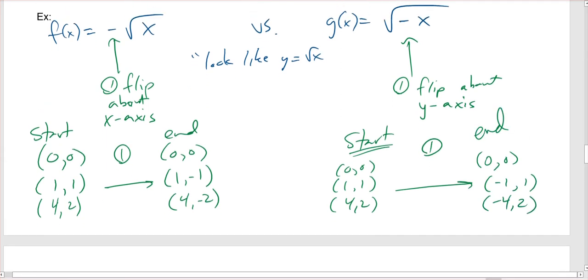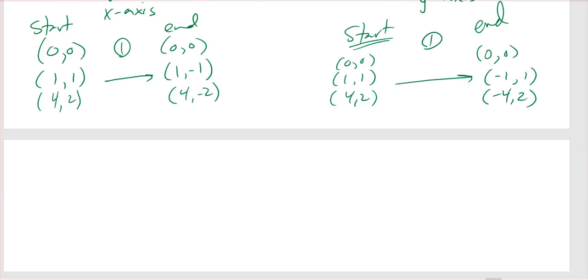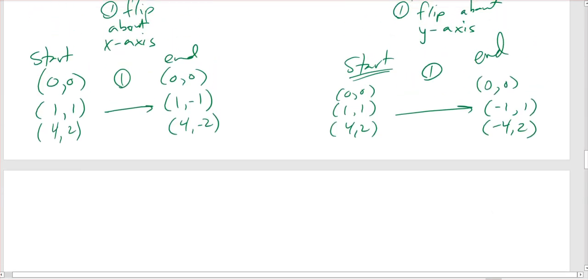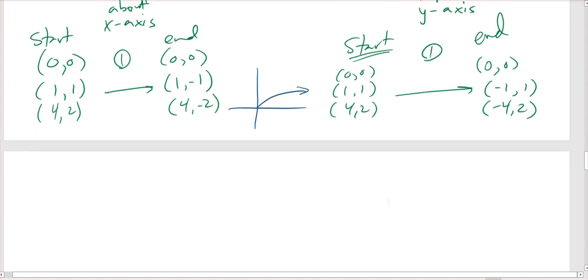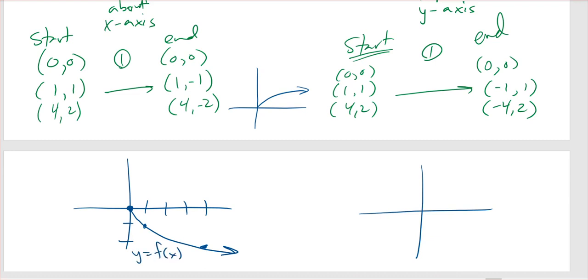Okay, so if we drew these graphs, I think I need a little more room. All right, so if we draw these graphs, and again, we recall that we're starting here, our graph over here, well, it's going to end at 0, 0, 1, negative 1, 4, negative 2. So there, how beautiful. And if we look at this guy, this is y equal f of x with our notation.